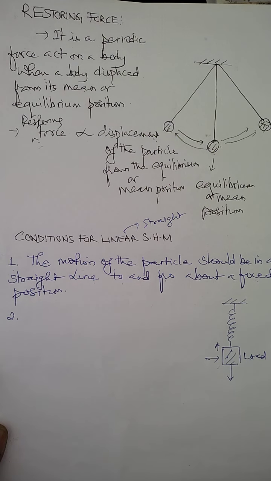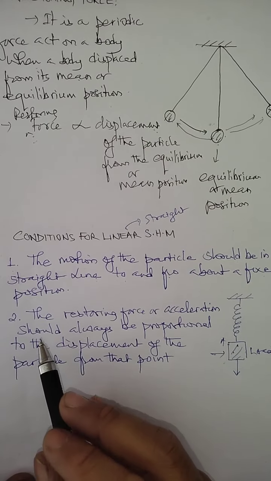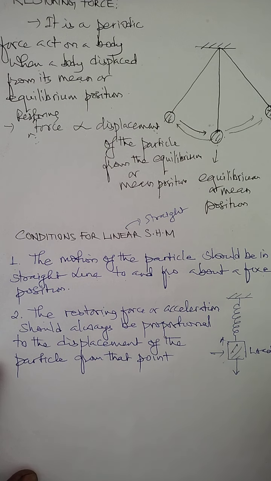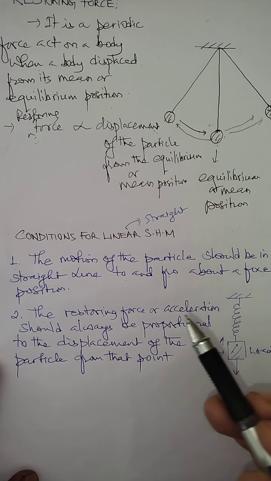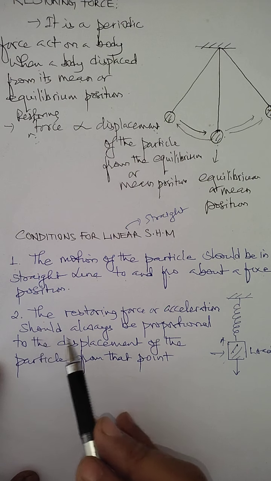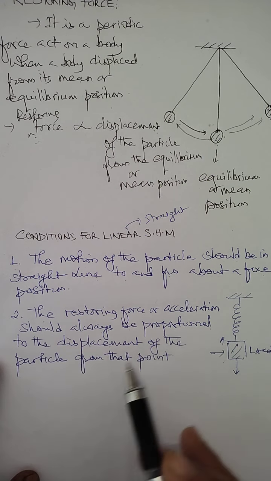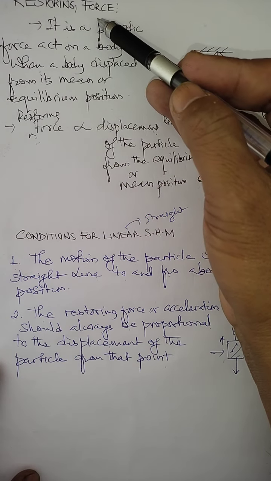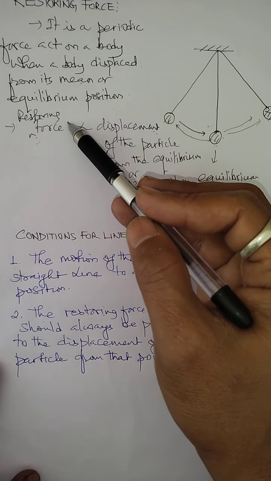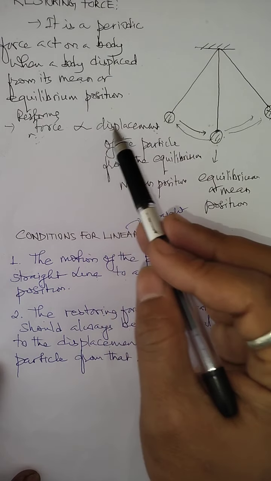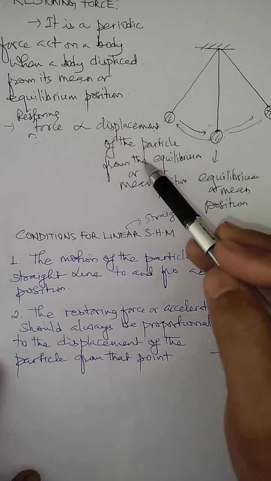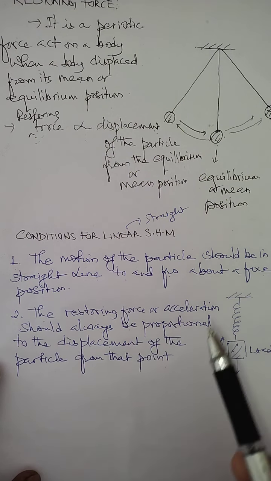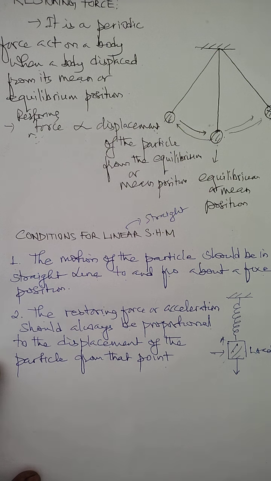Now we have number two condition. The restoring force or acceleration which acts on the particle, when a particle has a linear simple harmonic motion, should always be proportional to the displacement of the particle from that point. We have already learned in detail about restoring force and its direction. As you know, restoring force is always proportional to the displacement of the particle from the equilibrium position, and this is the condition that comes under linear simple harmonic motion. So what is the other condition that you need to keep in mind?